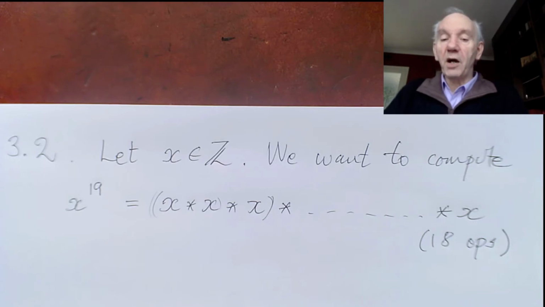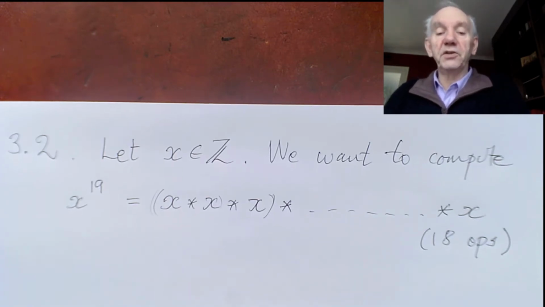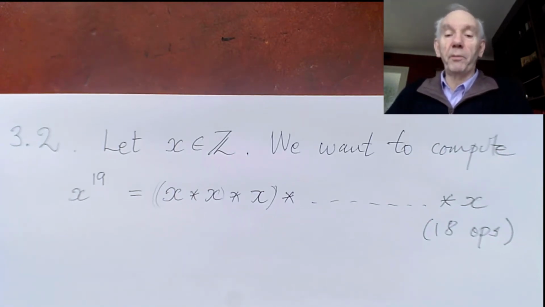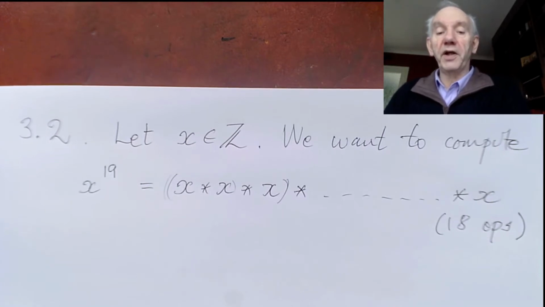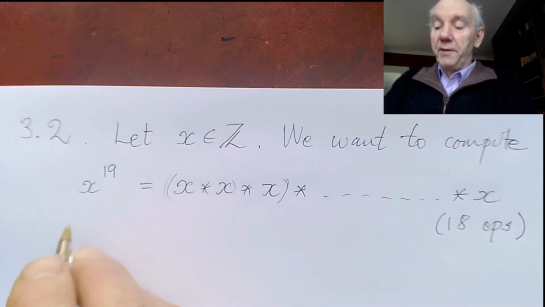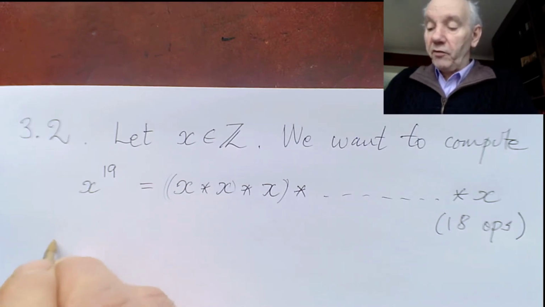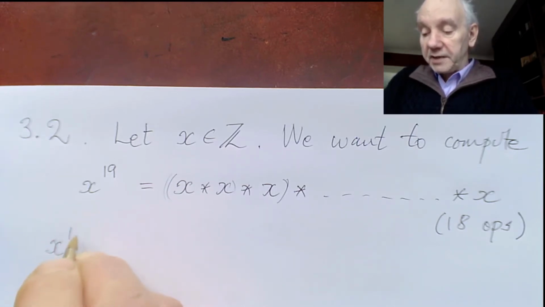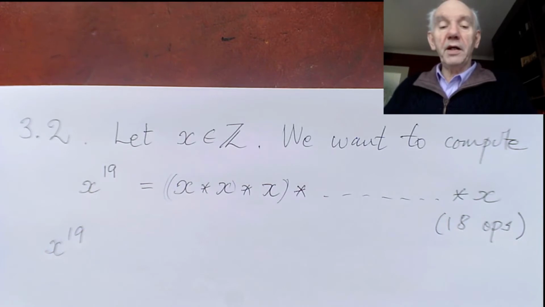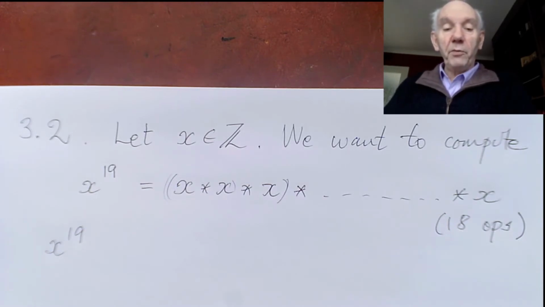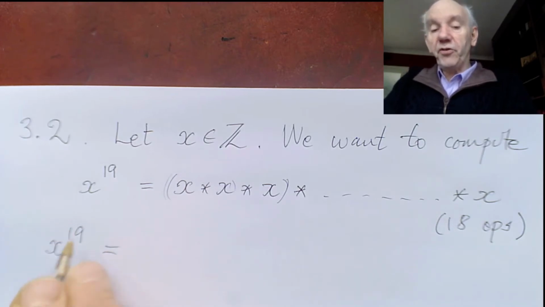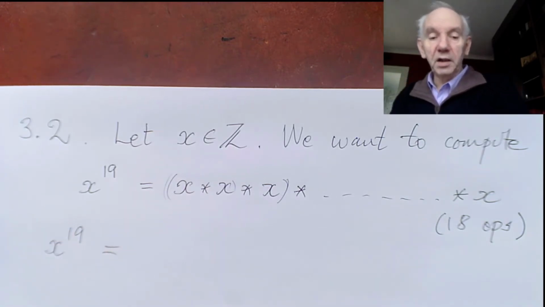However, let me explain with this example, as I do in the notes, how you can reduce the number of operations rather quickly and simply. This relates to the binary expansion of 19. We take x to the 19. First of all, it's a bit of a nuisance because 19 is an odd number.